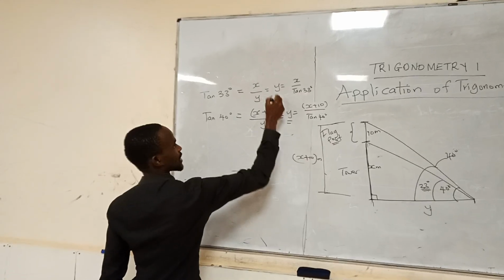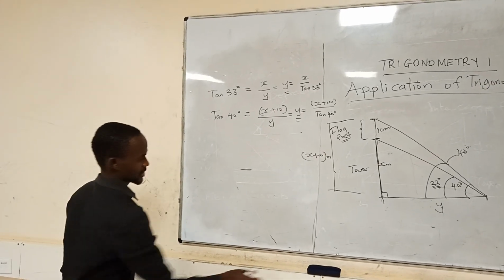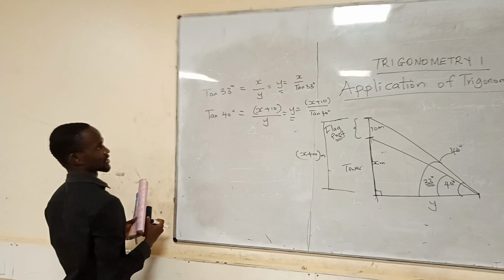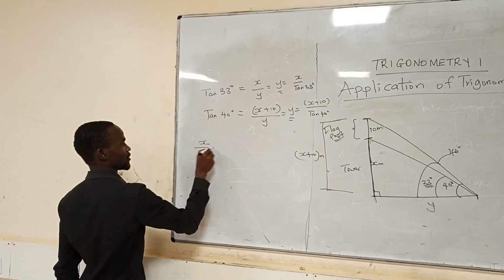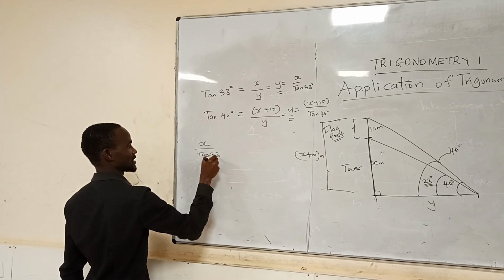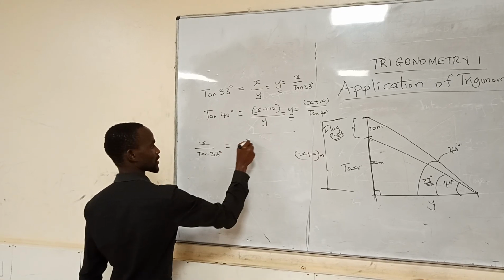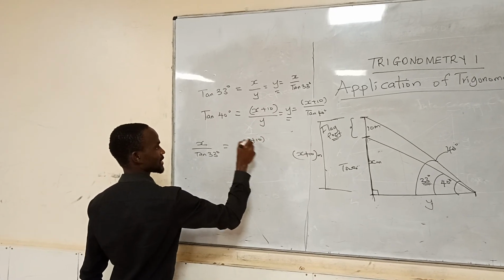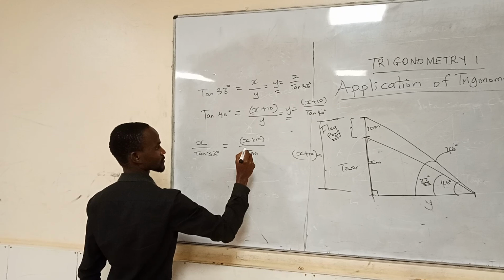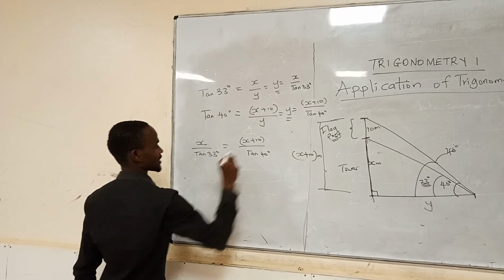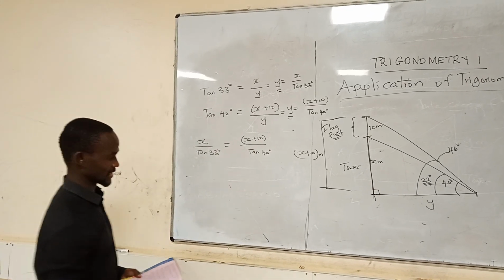Now remember, this is y, meaning they are the same. So we can equate. We can say x over tan 33 degrees is equal to x plus 10 over tan 40 degrees.